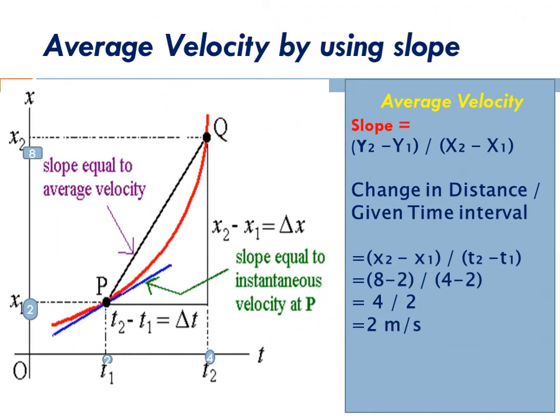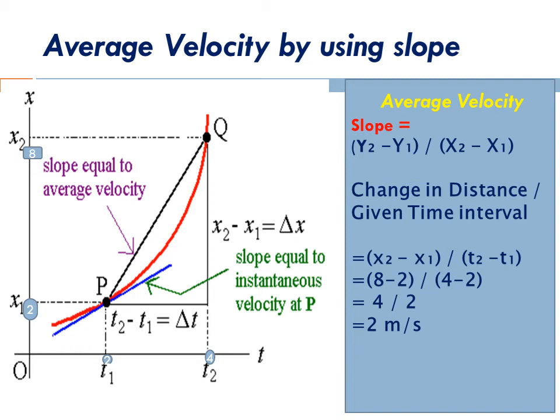But sometimes we have to calculate the average velocity by using slope. For that, here the PQ line is given, and on that line we draw a slope and calculate the average velocity. So slope is nothing but y2 minus y1 divided by x2 minus x1.